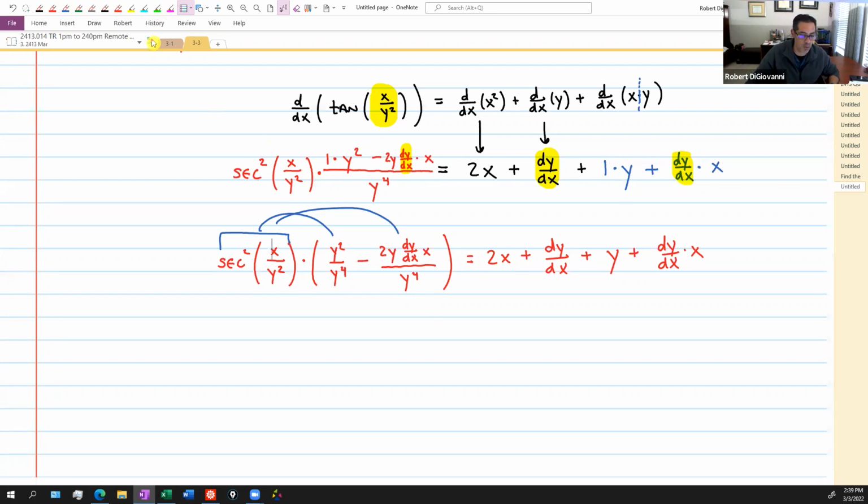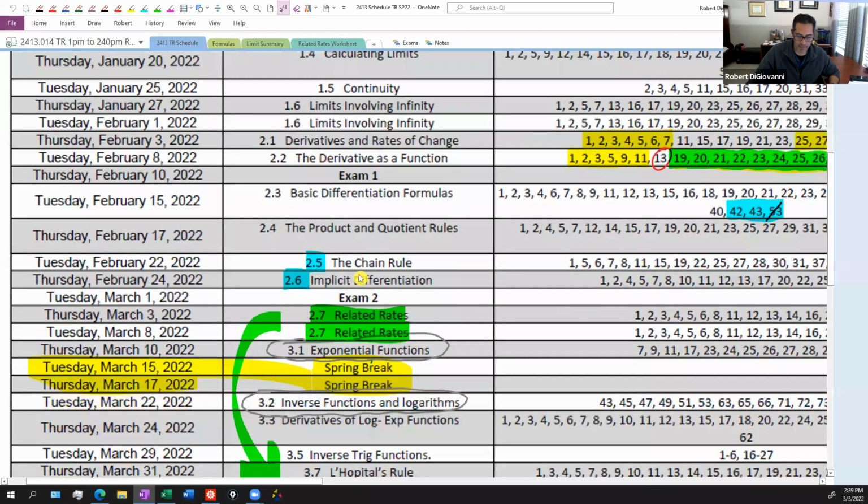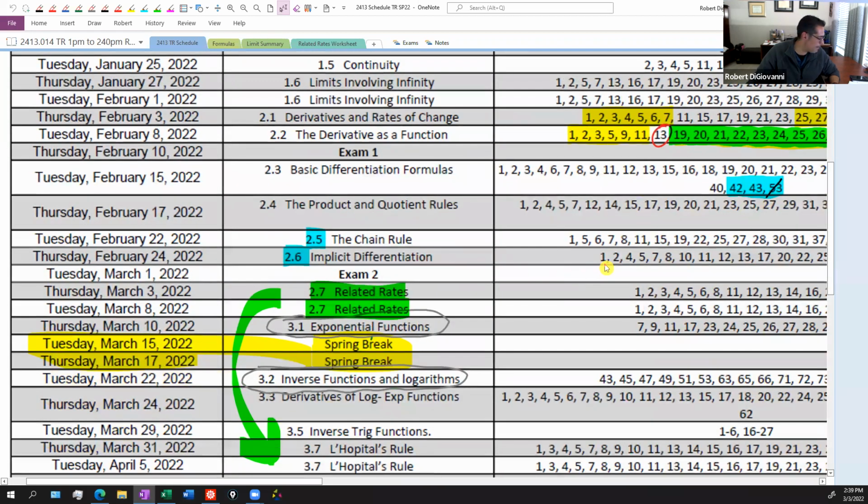I would say for homework right now, on implicit differentiation, let's keep it simple.